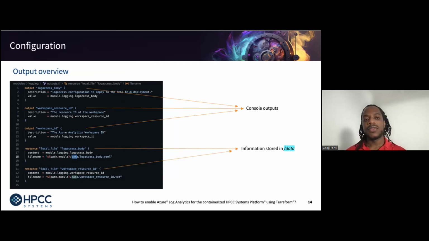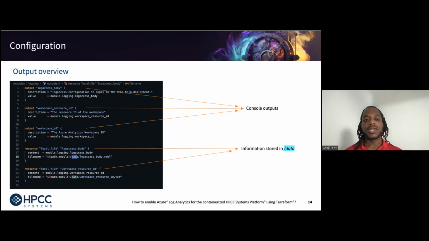This is an overview of the output, how we output the information that we need from the login module. We have three outputs that we output on the console once the login module is deployed, and those are the same outputs that we stored in files in the data directory that we showed you earlier. The first one is the log access body, which is the YAML configuration that we are going to pass to the HPCC deployment.